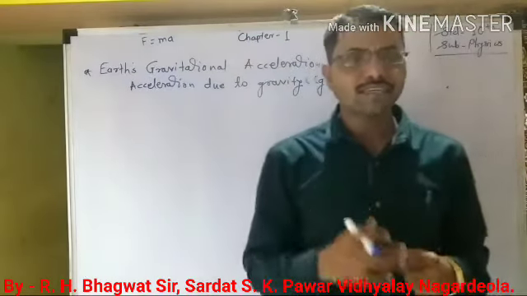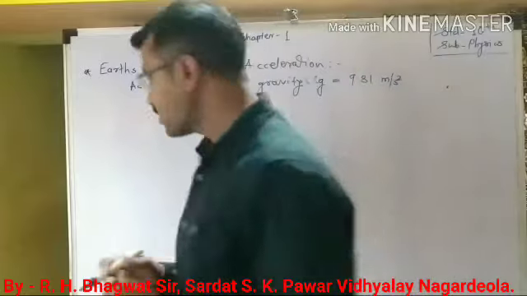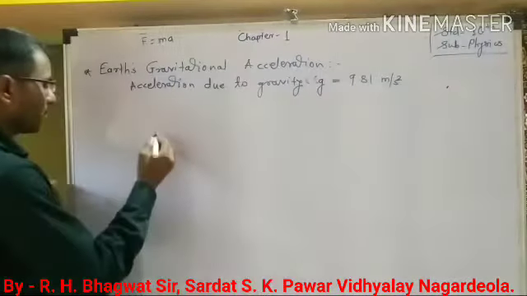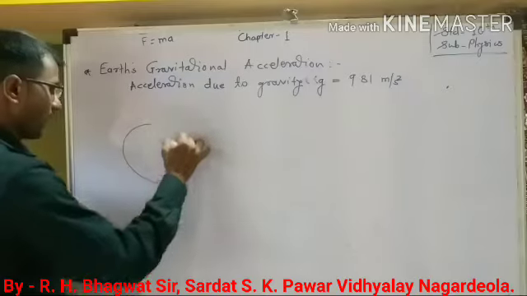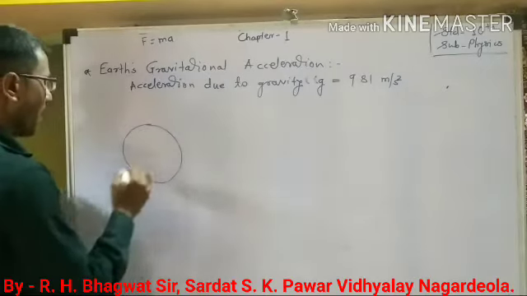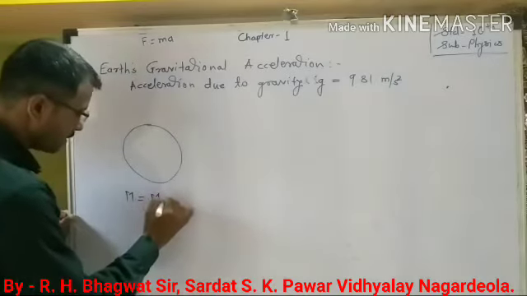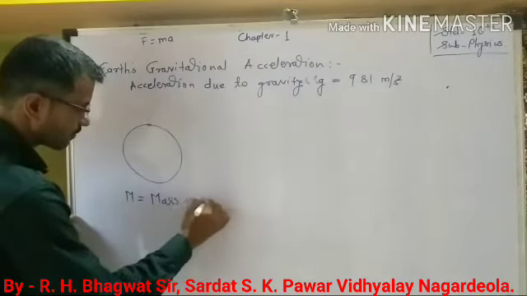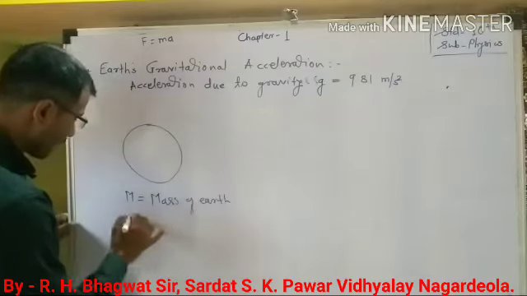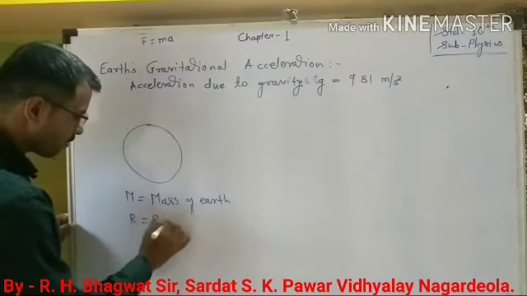Now, to understand the Earth's gravitational acceleration, let's consider Earth to be spherical in shape, having mass capital M. Capital M is the mass of Earth. Capital R is the radius of Earth.